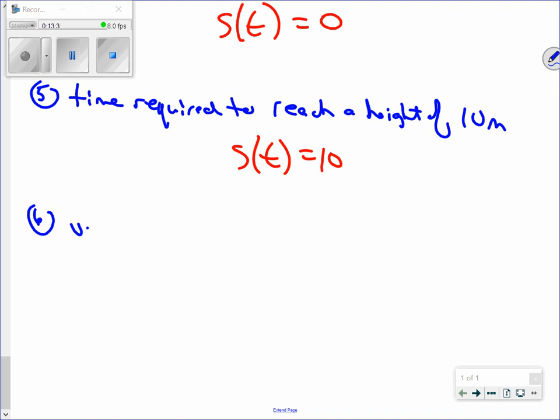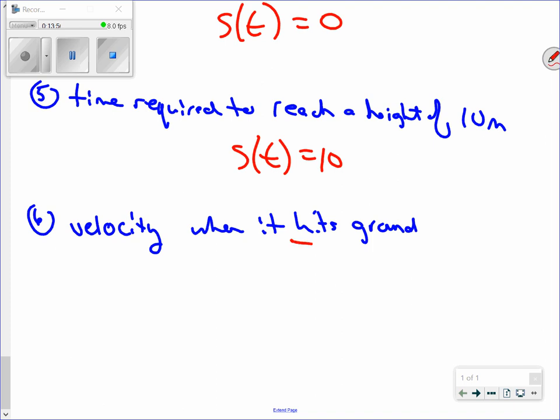If I ask you to find the velocity, if it just says velocity, it means instantaneous velocity, so that's v, not average velocity. So that's that v equation, the s prime. Find the velocity when it hits the ground. Okay.